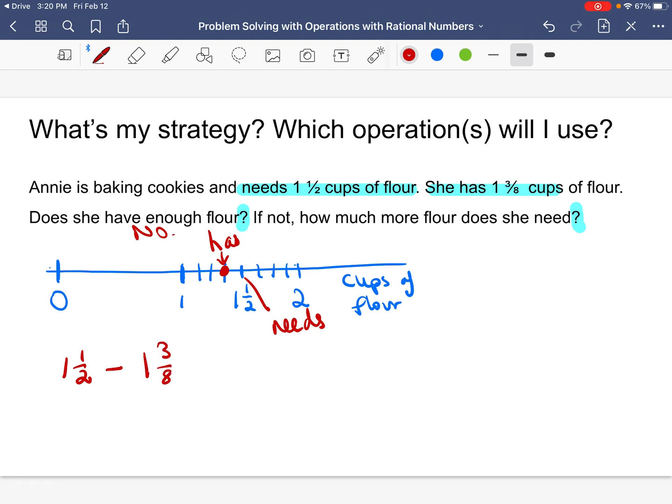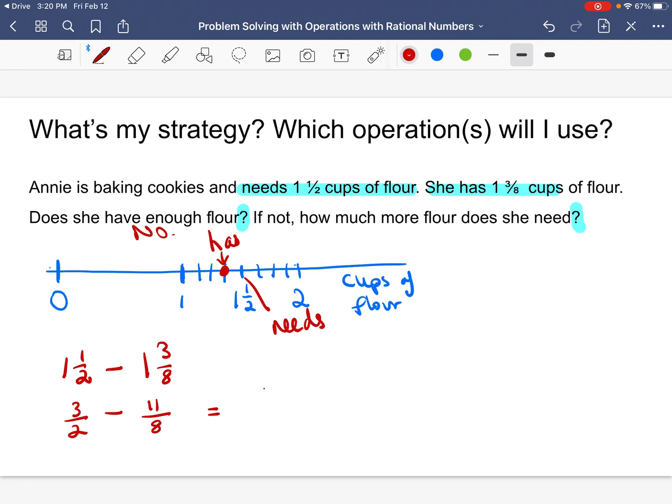And to do that, I am going to convert these mixed numbers to improper fractions. 3/2 minus 11/8, and I need a common denominator. I'm going to use 8ths.